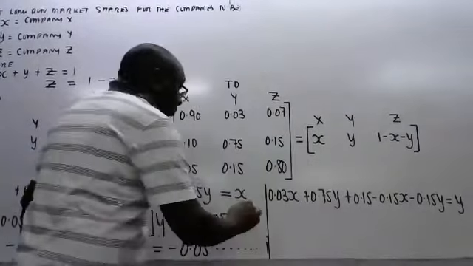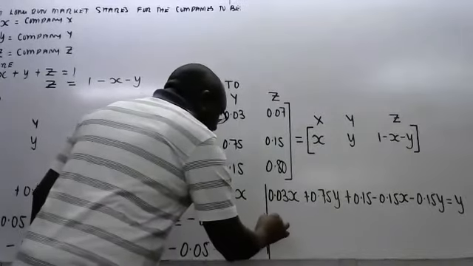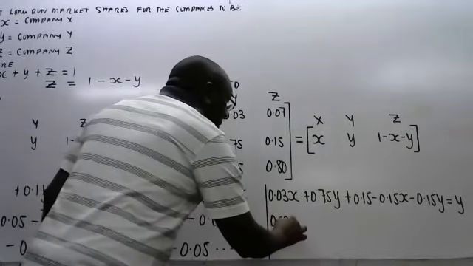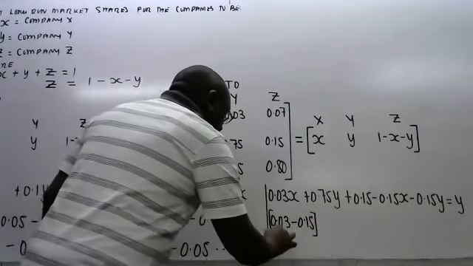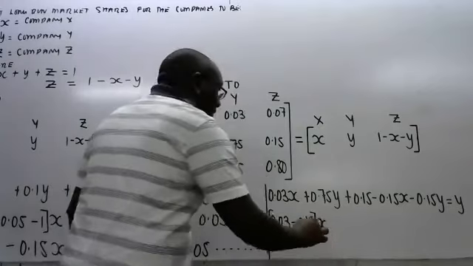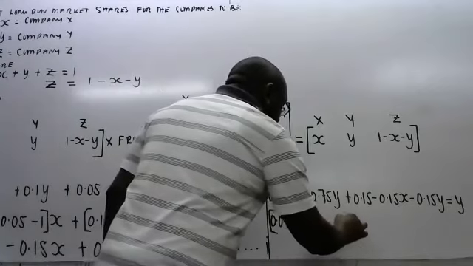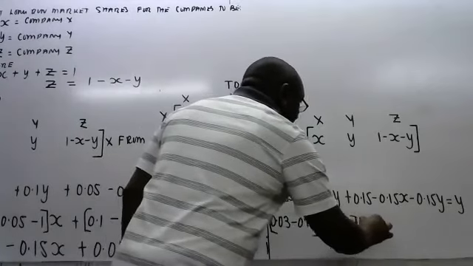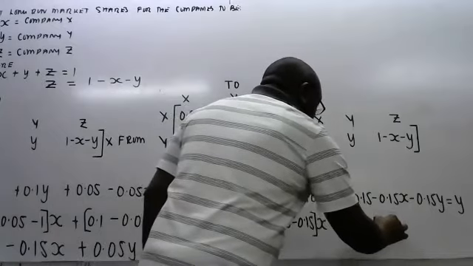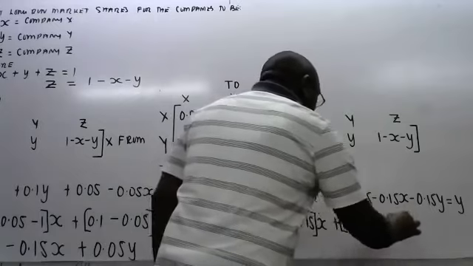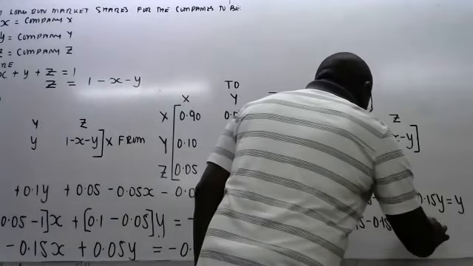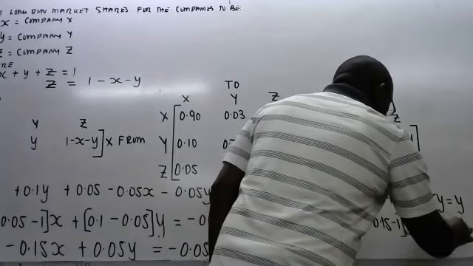So putting items together, I then have 0.03 minus 0.15, this one is because of x, plus 0.75 minus 0.15 minus 1, this is y, is equal to minus 0.15.